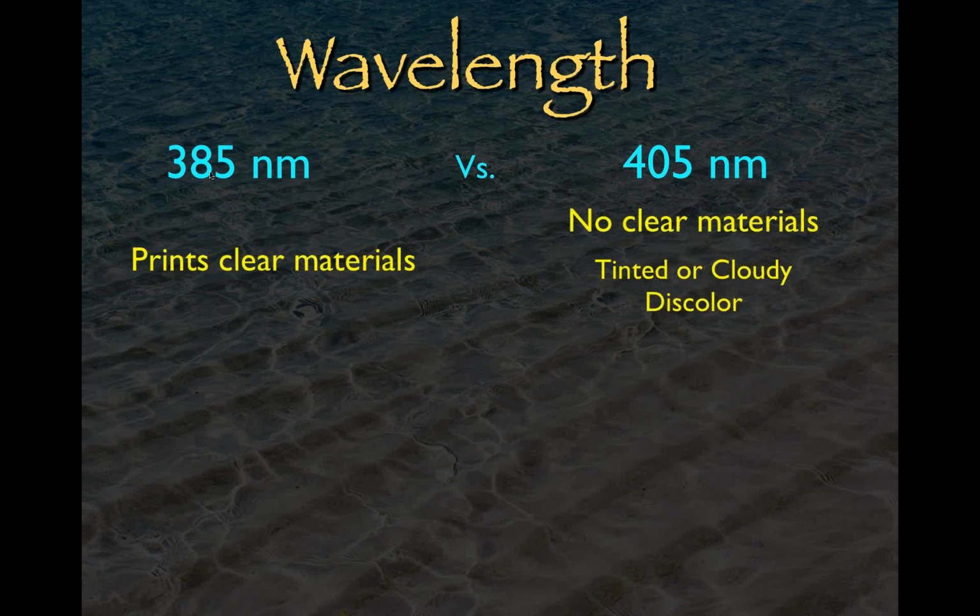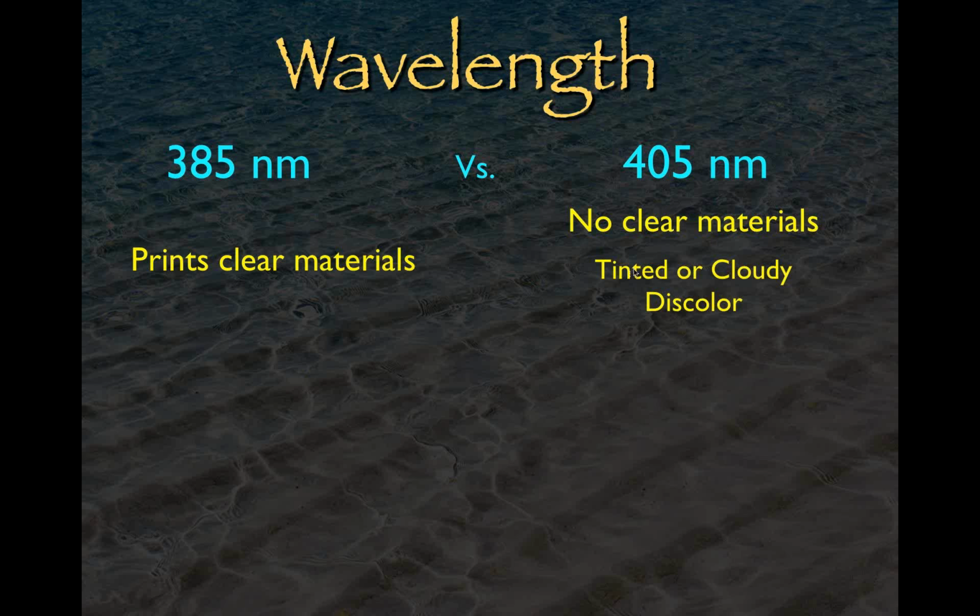One of the maybe biggest is the ability to print clear materials. A 385 nanometer light source, or a UV 3D printer, will be able to print clear materials. This may or may not be important to you, but that would include things like trays, surgical guides, those kind of things. 405, at least right now today, cannot print clear materials.